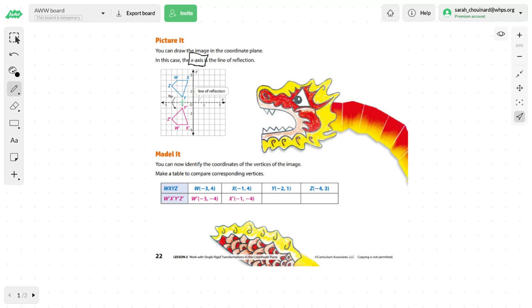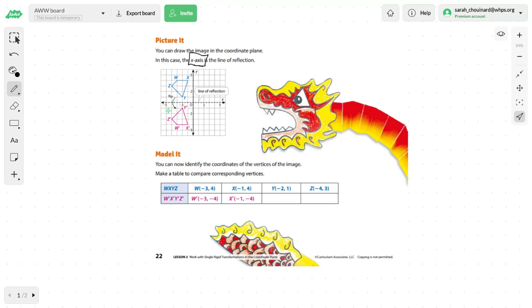So y is 1 unit above, y prime is 1 unit below. Same with z. Z is 3 units above, z prime is 3 units below. Same with w and x. Both of them are 4 units above the x-axis. When you reflect it, they're both 4 units below. So that's how you perform a reflection.